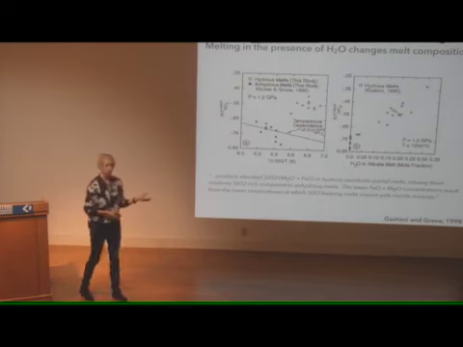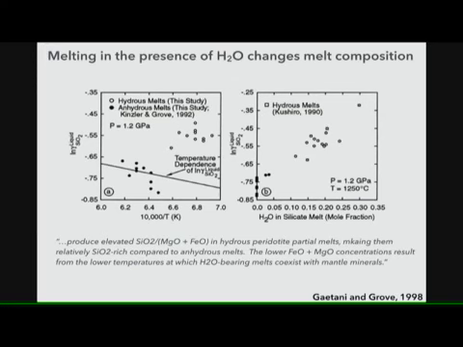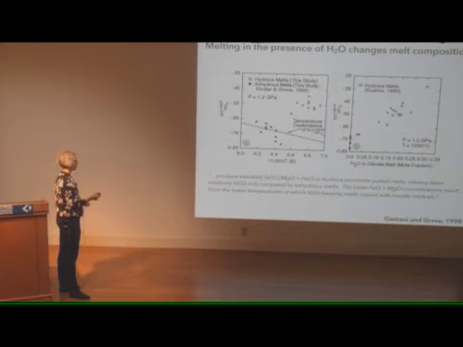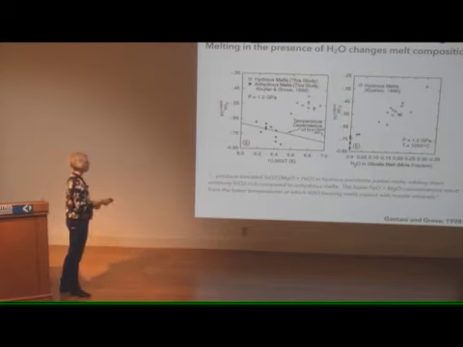And we now know from lots of experiments that not only does the addition of water change the temperature that it melts at, but it changes the composition of the melt that is produced. This is a study by Gaetani and Grove in 1998 that looked at the effect of adding water on the major element compositions of the melts produced. What we're showing here is a reflection of how the liquid silica content changes as a function of temperature, and how that changes as a function of water content.